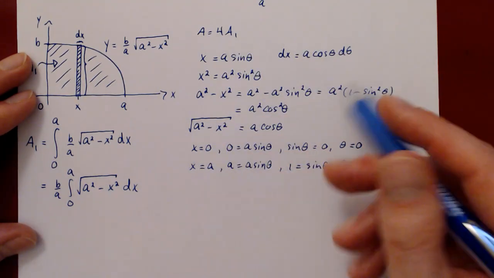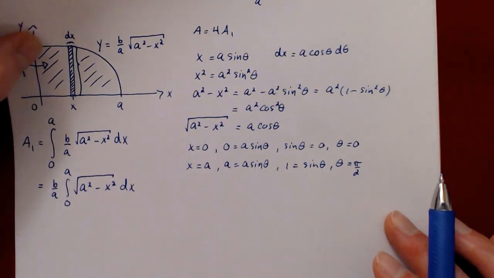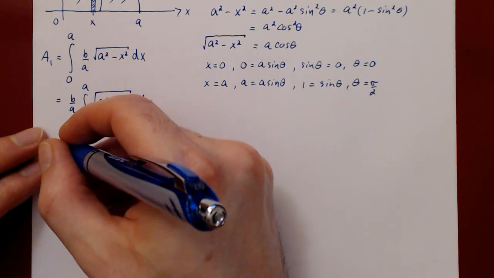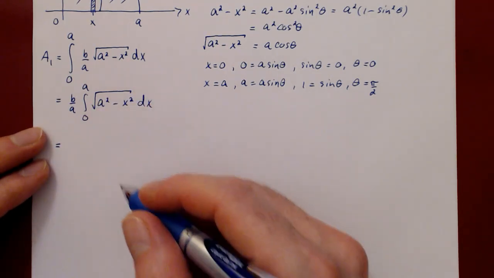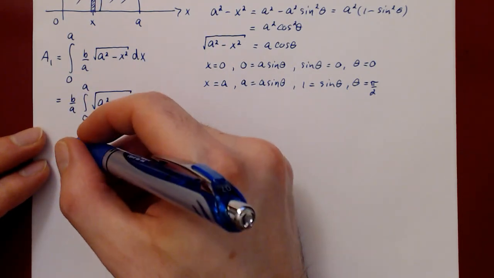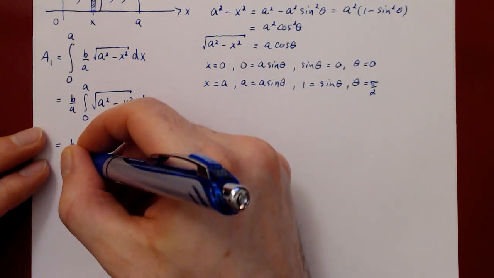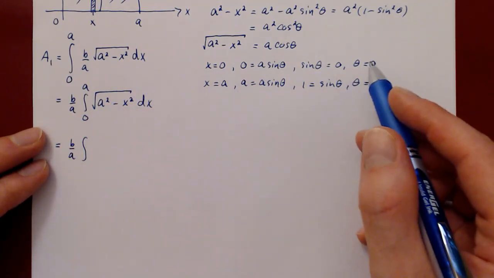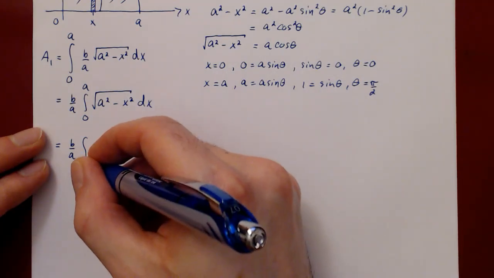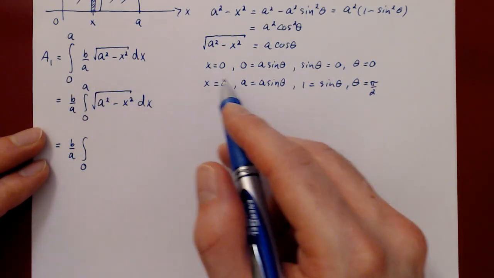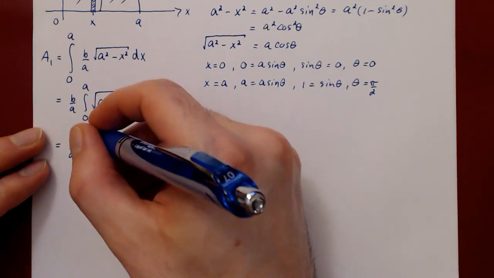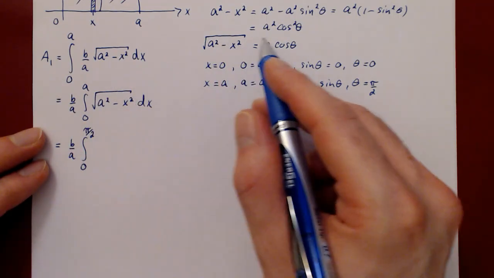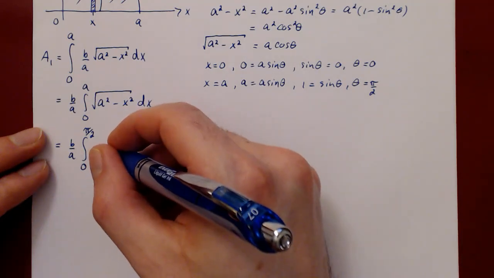And now we can complete the trigonometric substitution. So the integral in terms of x will now become an integral in terms of theta. Again, b over a is a constant multiple. It stays there. When x was 0, theta is 0. But when x is a, theta is pi over 2. The square root term is simply a cos theta.